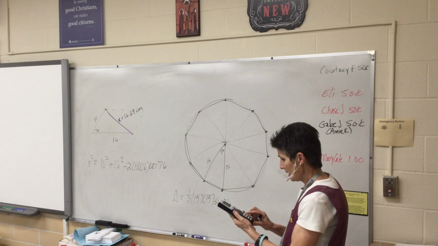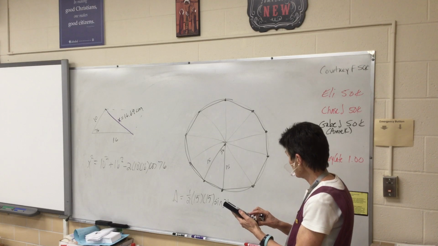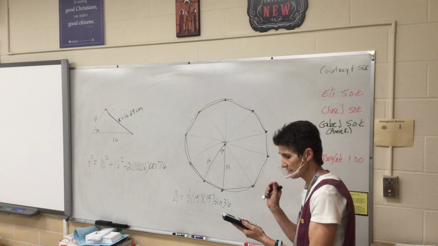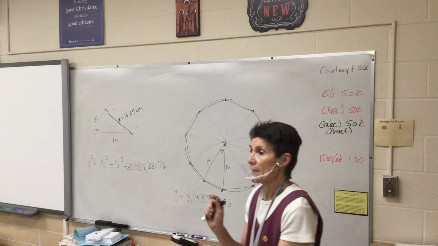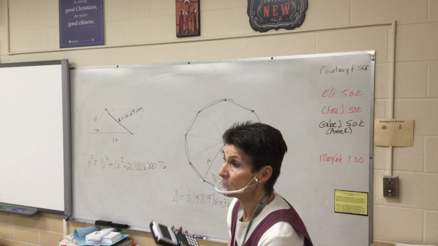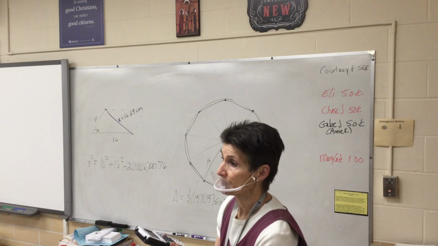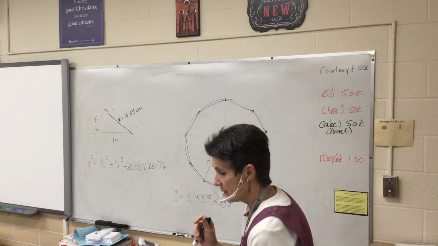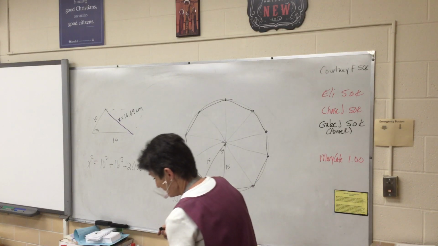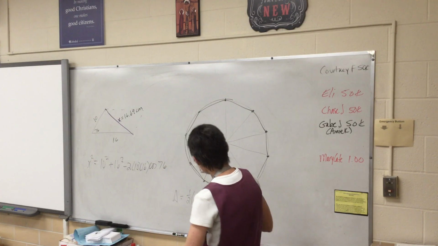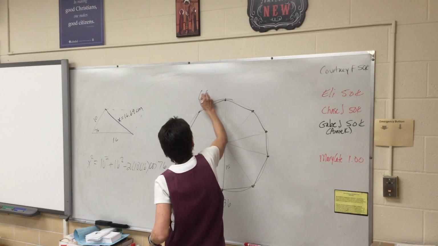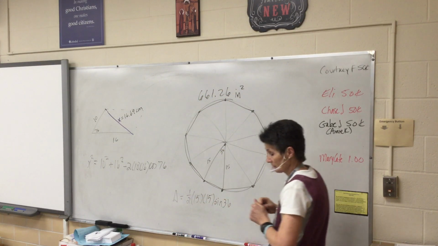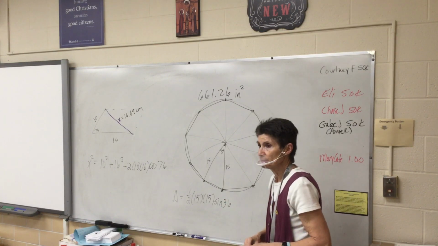That's the triangle though. So what do we need to do? Times 10, because there's 10 of them this time. 661.26 square inches. Is that what you got? Yeah.